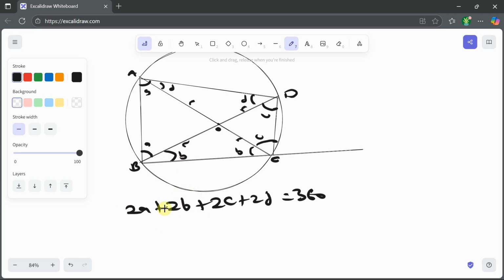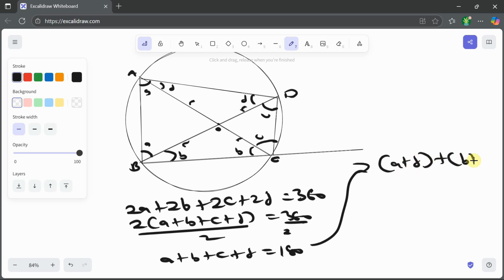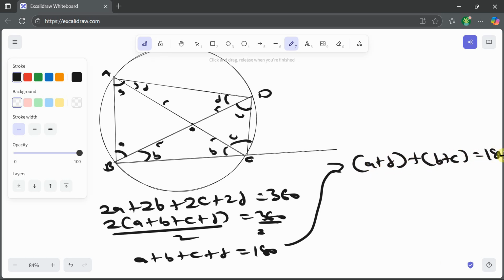Now I can factor out 2 from the left hand side. That will be 2 open brackets A plus B plus C plus D is equal to 360, and I can divide both sides by 2. So A plus B plus C plus D is equal to 180. Now that we know this, I could group it. This is A, this is D. I could say A plus D plus B plus C is equal to 180.